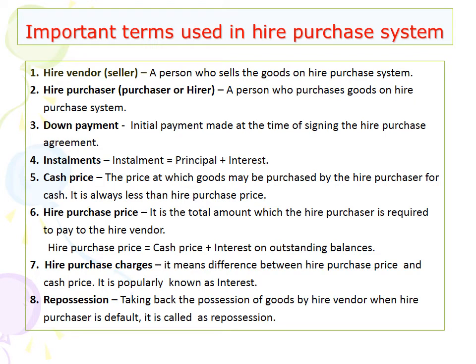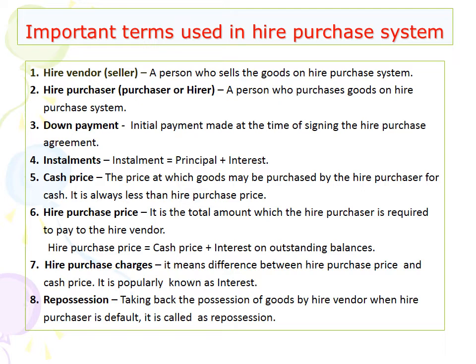Sixth one is hire purchase price. Hire purchase price is the total amount which the hire purchaser is required to pay to the hire vendor. In mathematical language, hire purchase price is equal to cash price plus interest on outstanding balances.